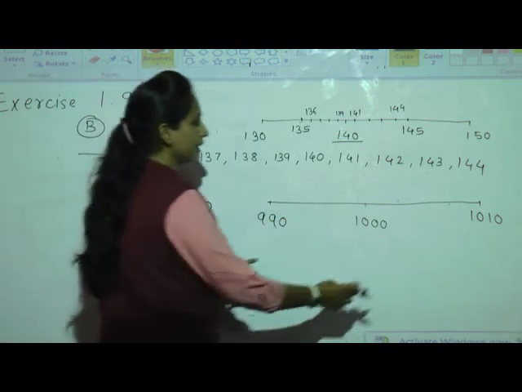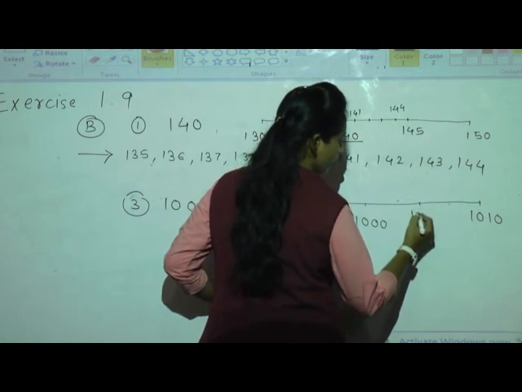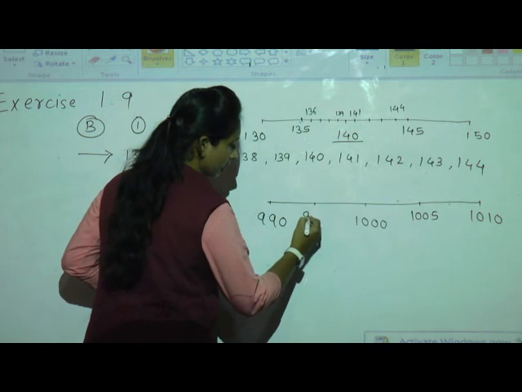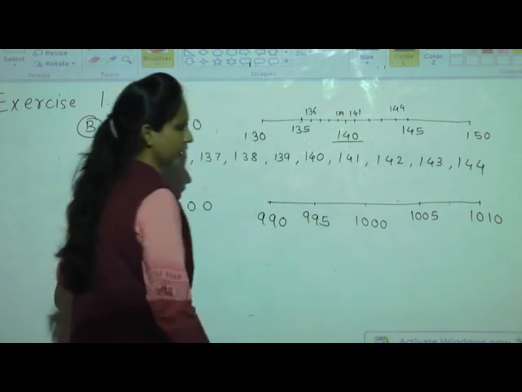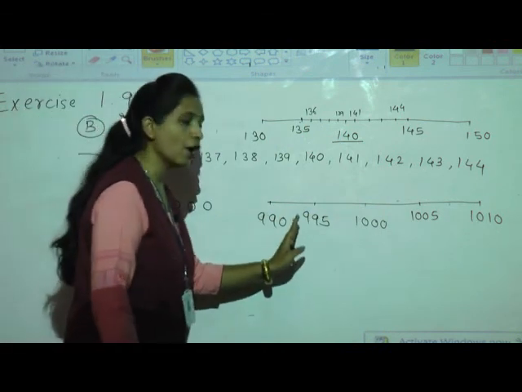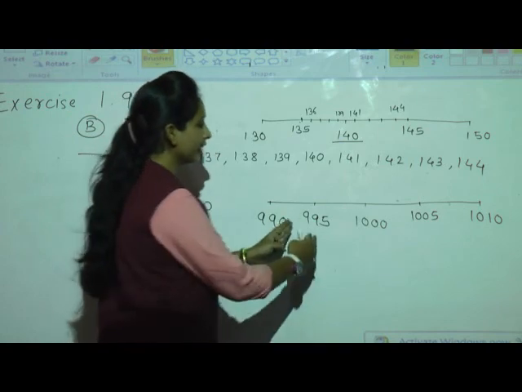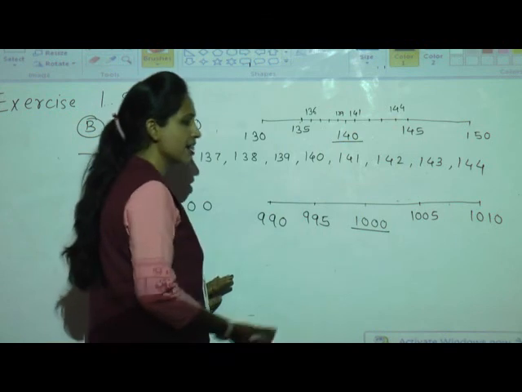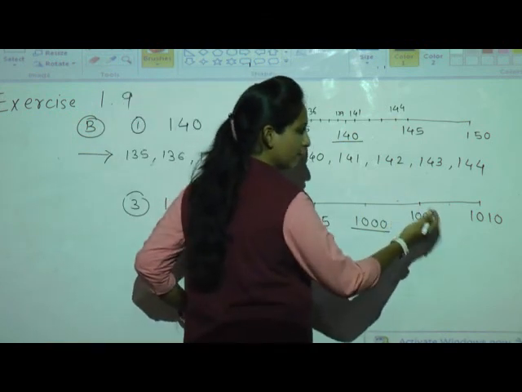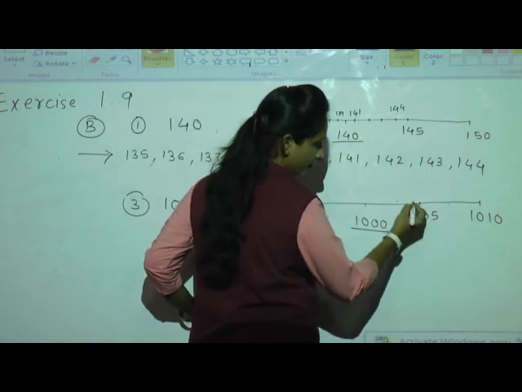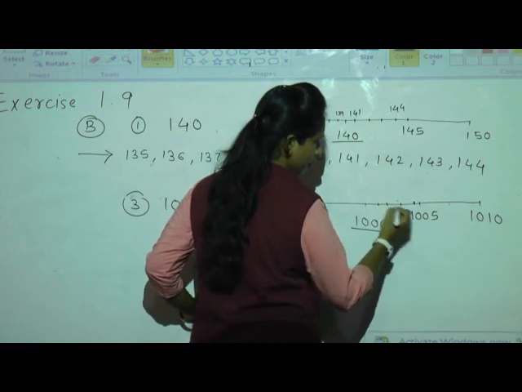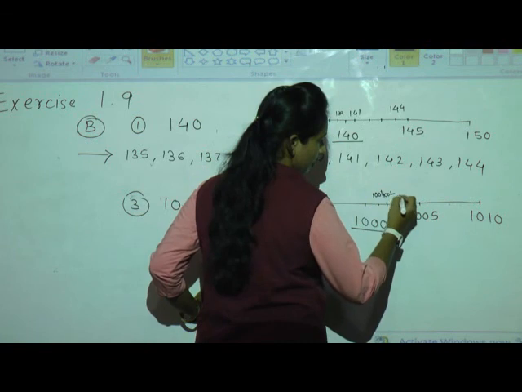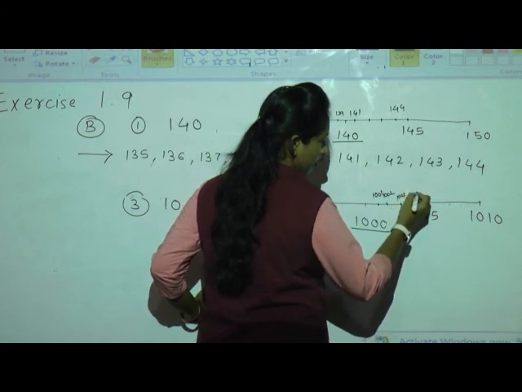Now see, between these two numbers 1005, and between these two numbers 995. If it is 5 or more than 5, that number will be rounded to 1000, and if it is less than 5, before 1005 see what numbers will come: 1001, 1002, 1003 and 1004.